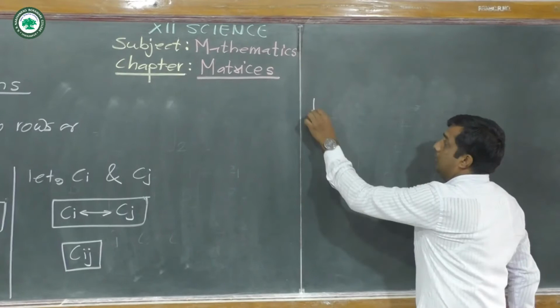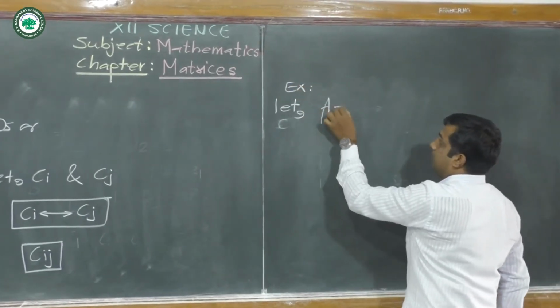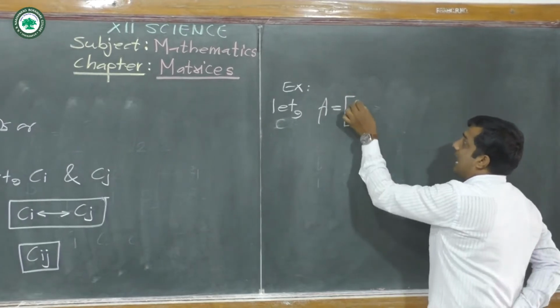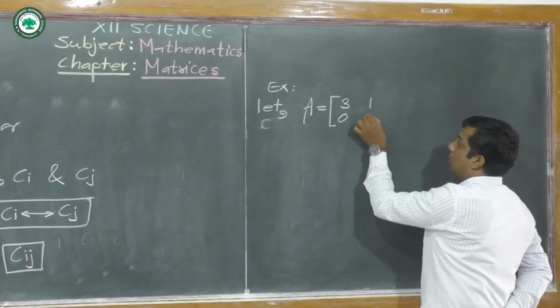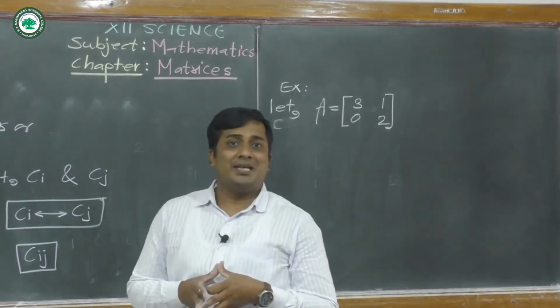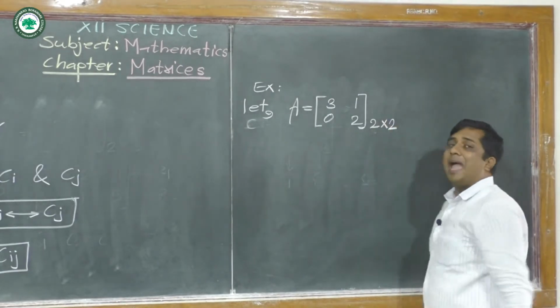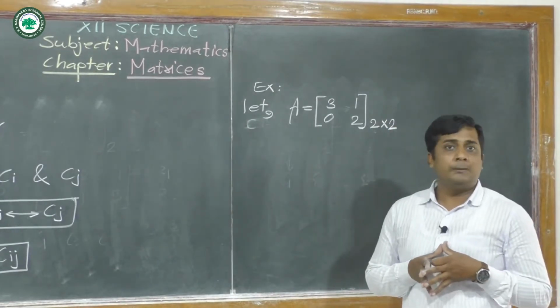Let A be the given matrix, and this matrix is having 3, 1, 0, 2. We know the order for this matrix is 2 by 2, since here 2 rows and 2 columns are given.